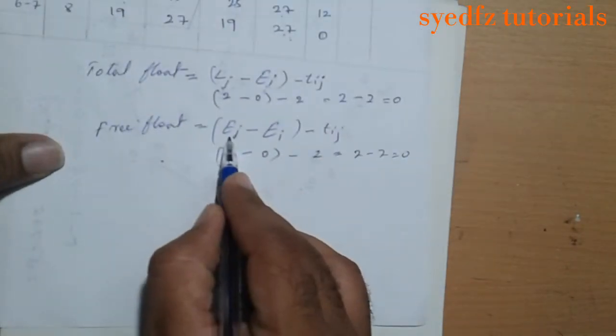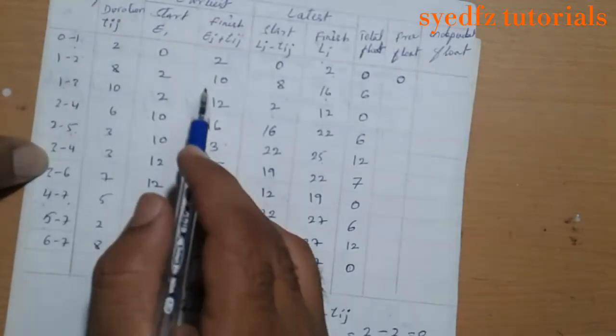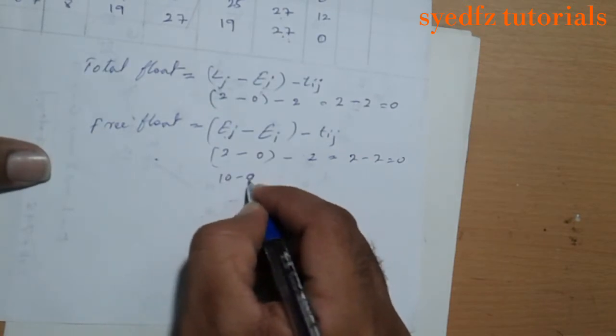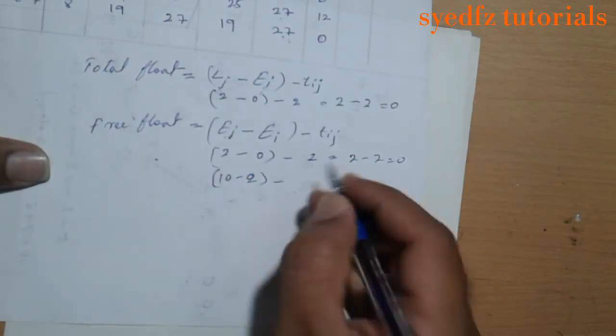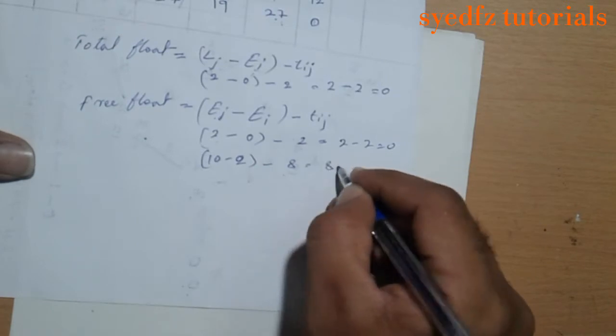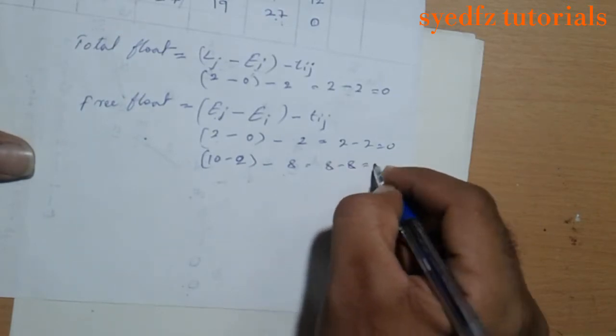Earliest finish minus earliest start. Earliest finish is 10, earliest start is 2. 10 minus 2 minus duration 8. This is 8 minus 8 is 0. The second one also we got 0.